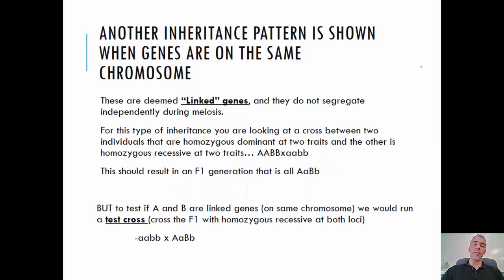Okay? So for this type of inheritance pattern, the way we test it, our cross is the same. We do a cross where you have two traits here. Big A, big A, big B, big B, crossed with a little a, little a, little b, little b. So dominant, crossed with the recessive, and as the result of the F1, as always, you'd get big A, little a, big B, little b. Now that's not anything new. But if we want to test to see if A and B are linked genes on the same chromosome, we would run what's called a test cross, and we would cross the big A, little a, big B, little b individuals from the F1 with an individual that is homozygous recessive at both traits, as you can see here.